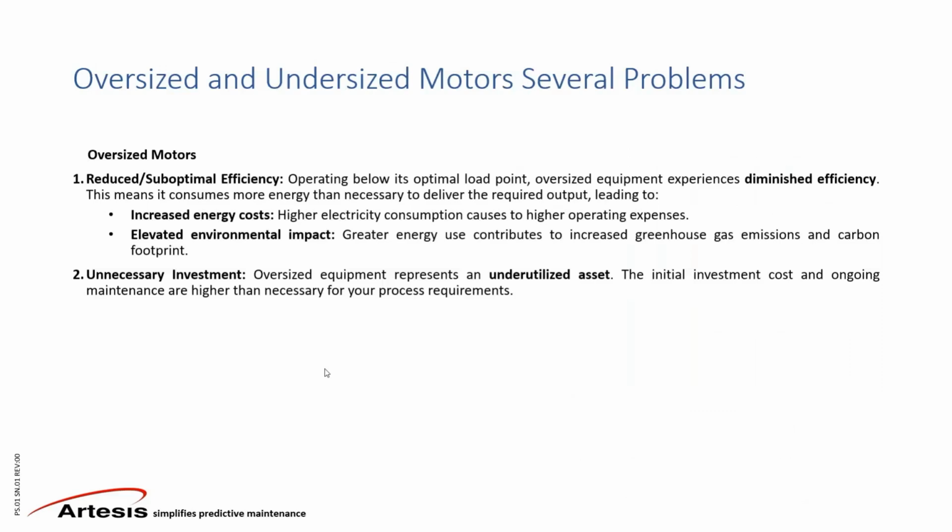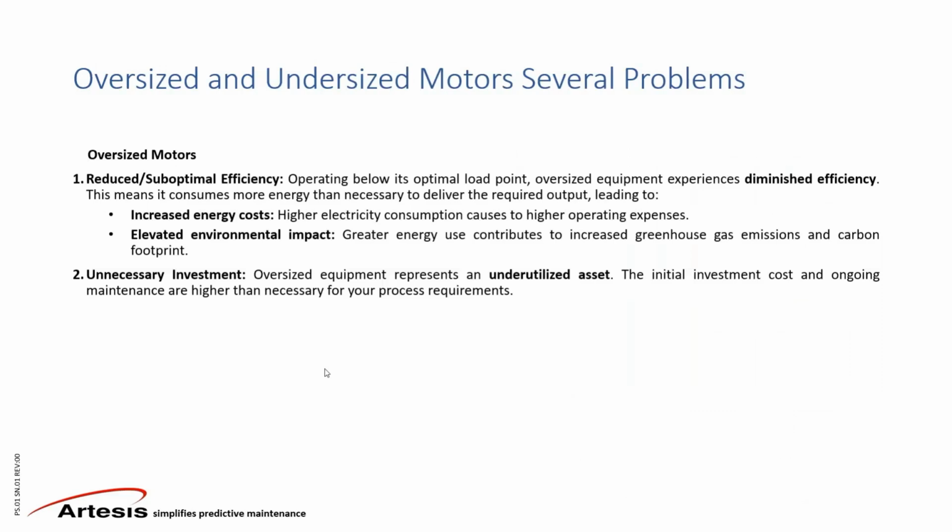So when you look at it, if you need 50 kilowatt power and you are using a 100 kilowatt motor, that is an unnecessary investment for that particular job. And of course, that is a one-time loss there. But since you are running this machine constantly at a 50% load, you are actually not utilizing the motor's full efficiency performance.